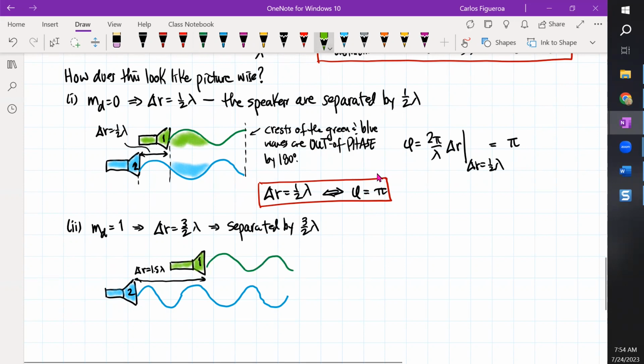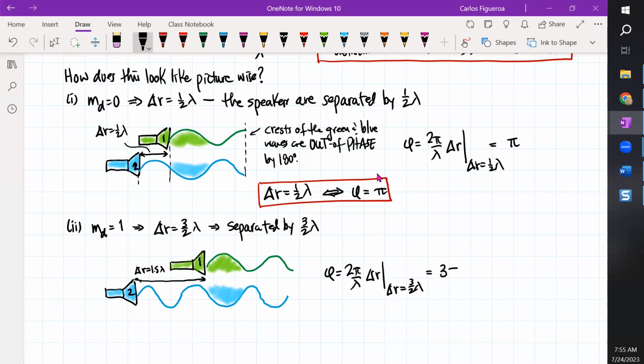Once again, as this goes up, the blue is down, and the consequence is that you have destructive interference. If I now look at the phase, this is 2 pi over lambda times delta r. Delta r is 3/2 lambda. If I punch that in, I get 3 pi. In other words, whether I say it in terms of path difference or in terms of phase, they're one and the same.